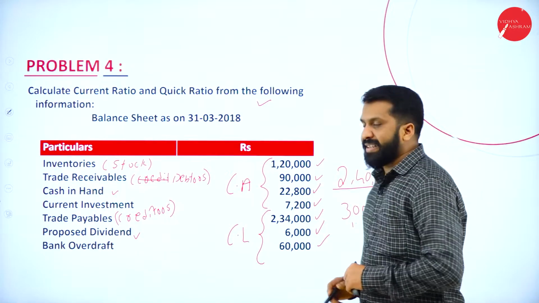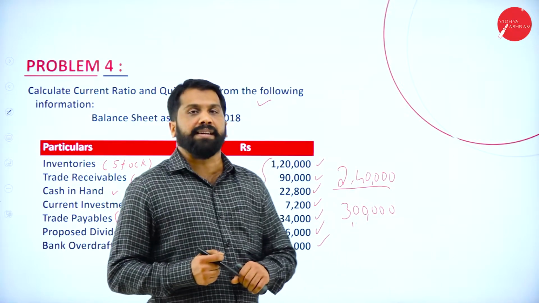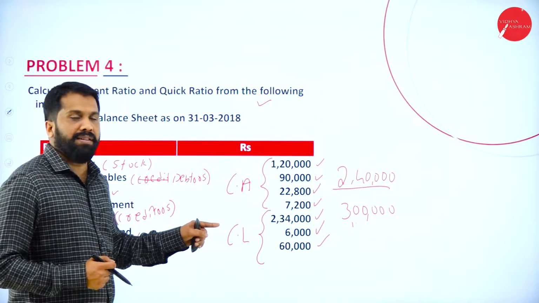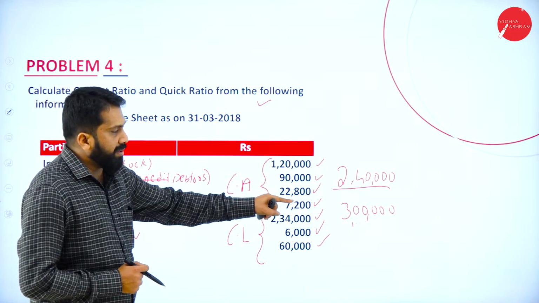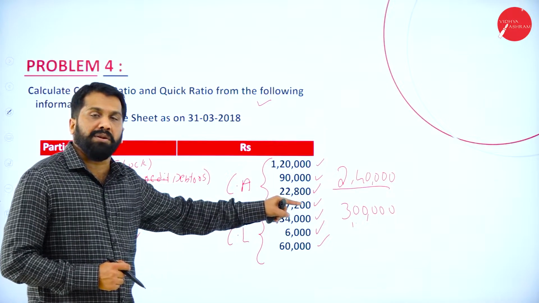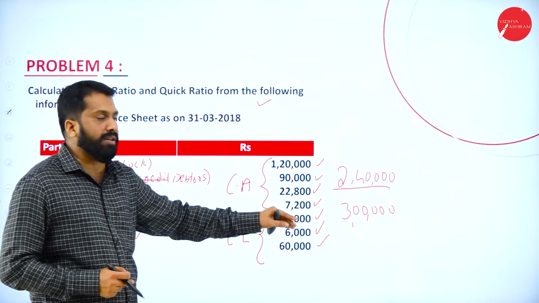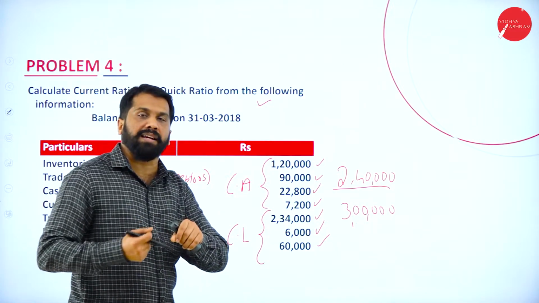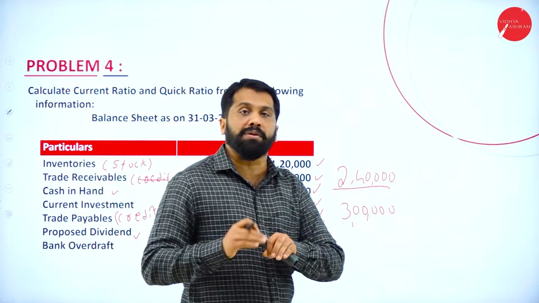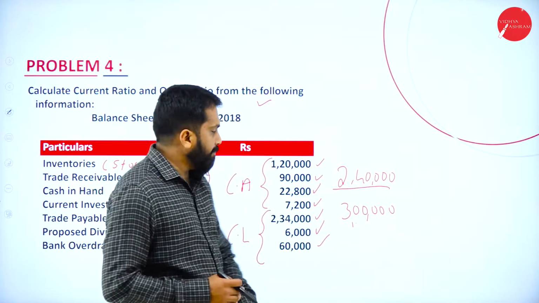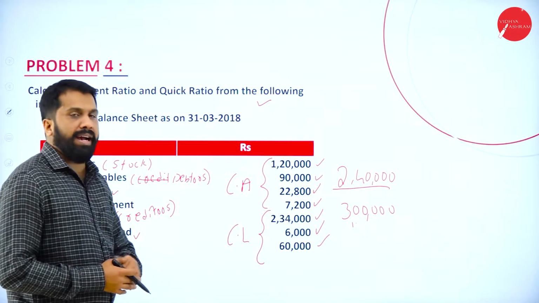Your payable is greater than your receivable. Remember, if your payable is greater than your receivable, it is always what? It is adverse. It is not favorable. Why? Because whatever you have to collect, your payable is more than your collection. So we got 2 lakh 40 and 3 lakh.